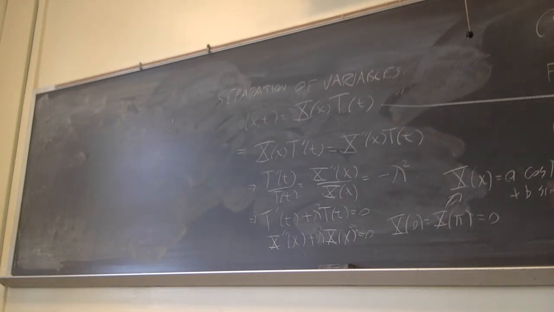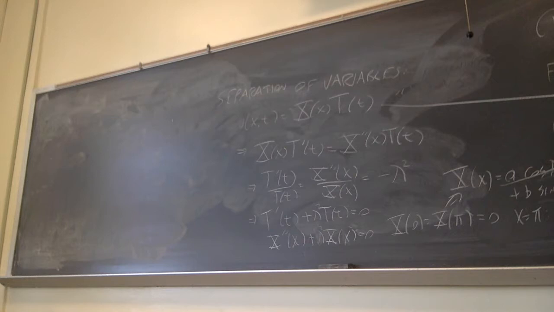So if I substitute x equals 0 in here, I just get A, because that's going to be 1, and that's going to be 0. So A has to be 0. So we can forget about that. Finally, if I plug in x equals pi, I get, I don't really care about B, but sine lambda pi must be 0.